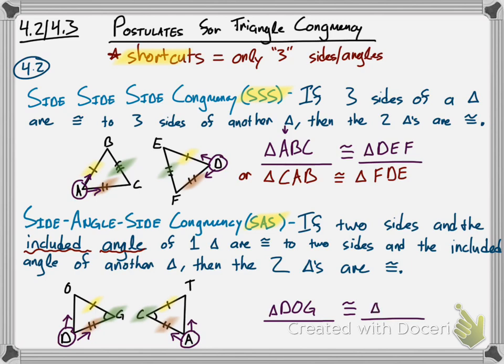So we have triangle A. O is between the 1 and blank, which would be T. And then G and C will be corresponding. So here we have triangle DOG is congruent to triangle ATC.